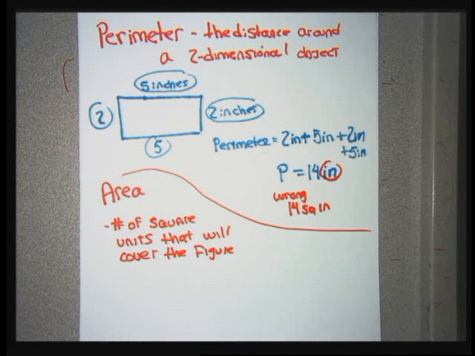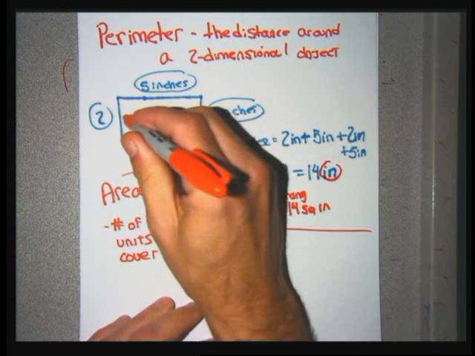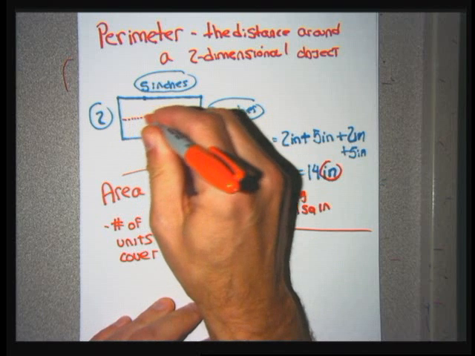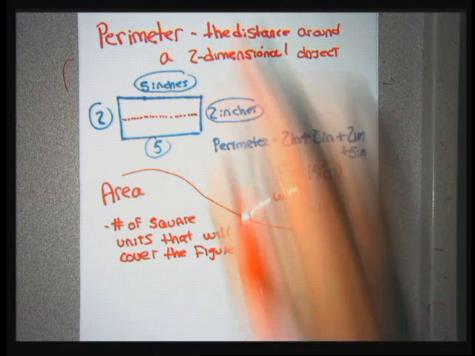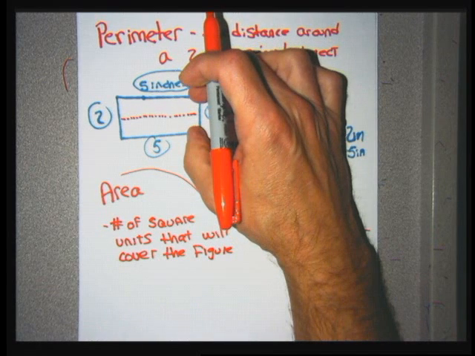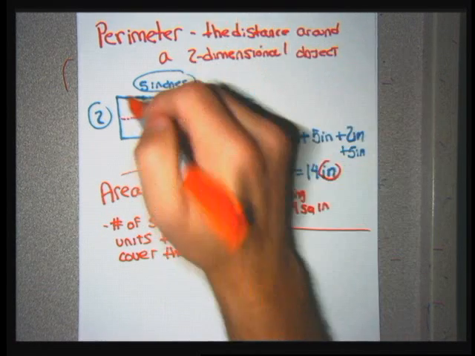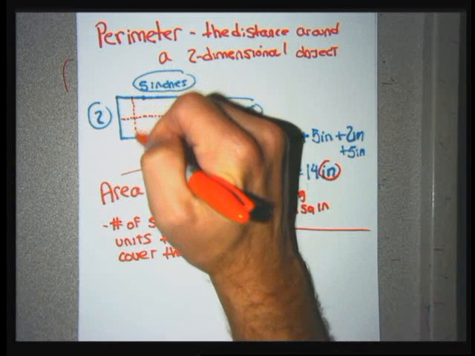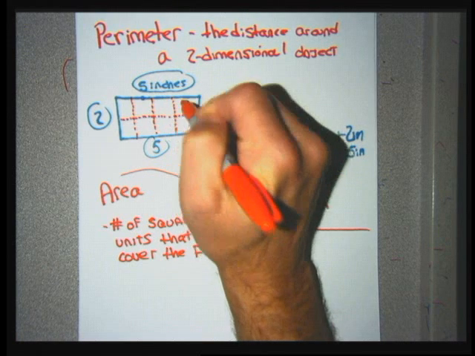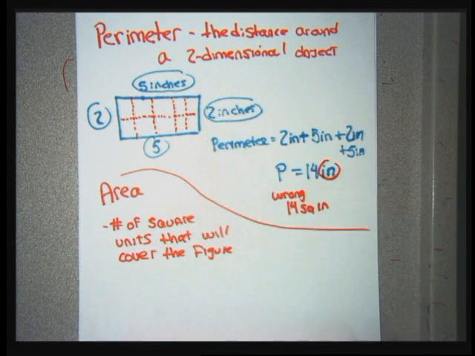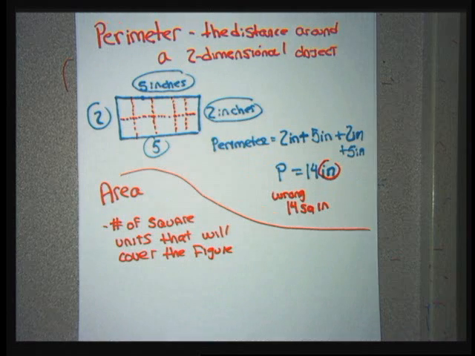For my rectangle above, I could hypothetically draw squares that are equal in size to tell me what the area of this particular rectangle is. So I'll try to draw this out. I can cut the sides into 2 pieces for each inch, and I can cut the horizontal sides into 4 pieces.